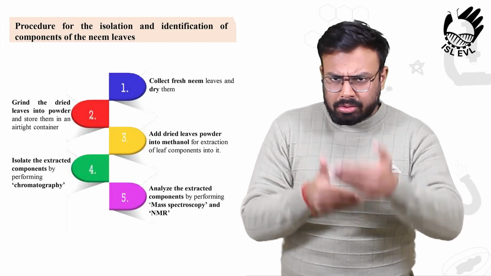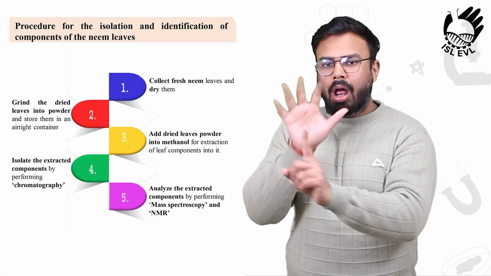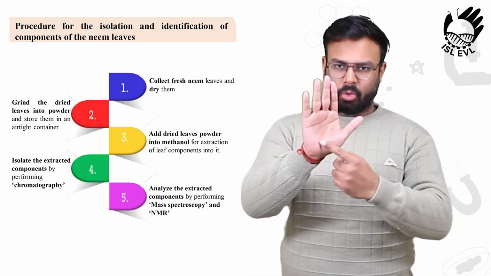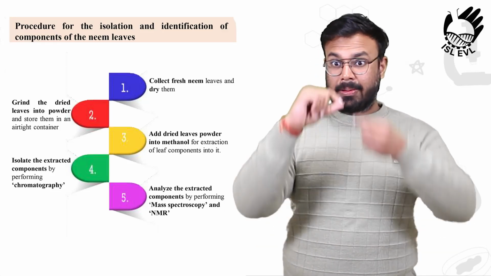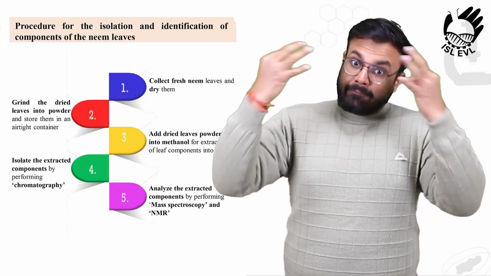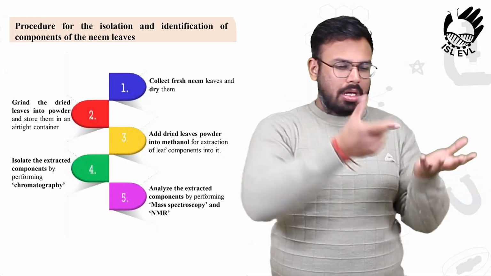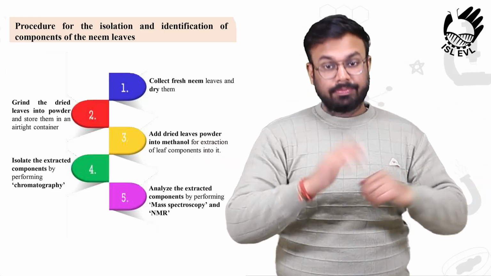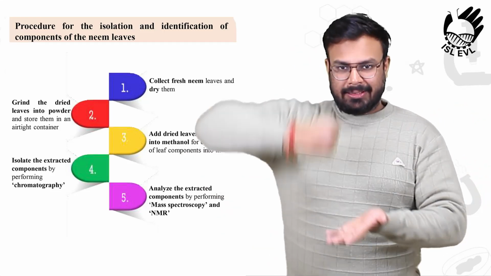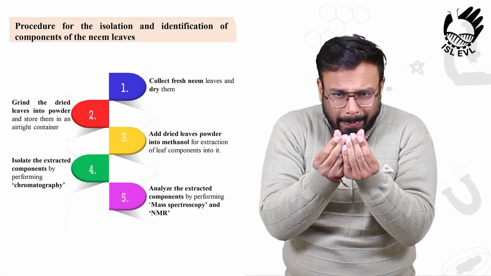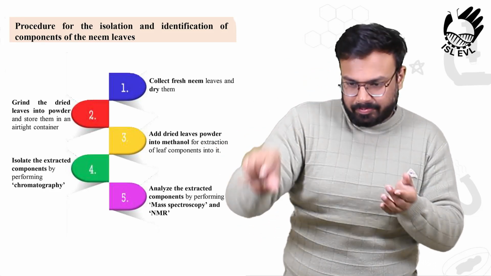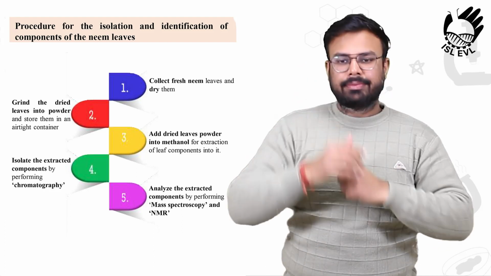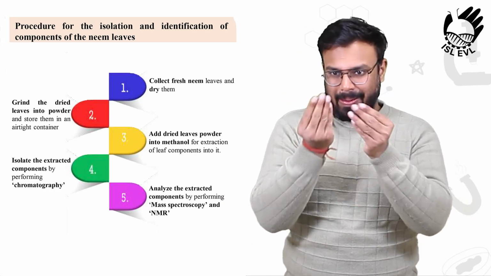Procedure for the isolation and the identification of components of the neem leaves. First, collect fresh neem leaves and dry them. Second, grind the dried leaves into powder and store them in an airtight container.